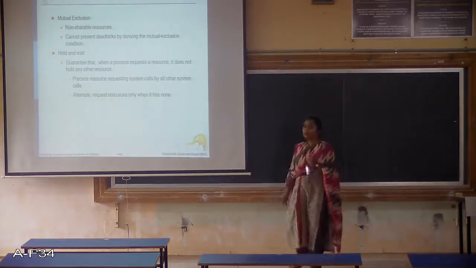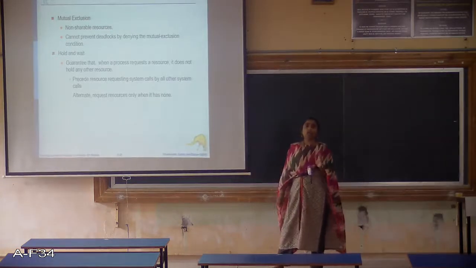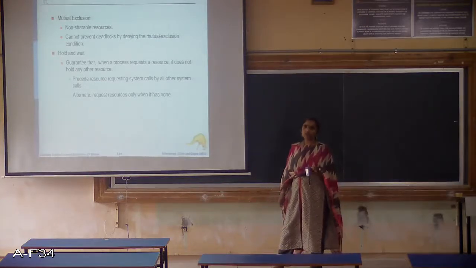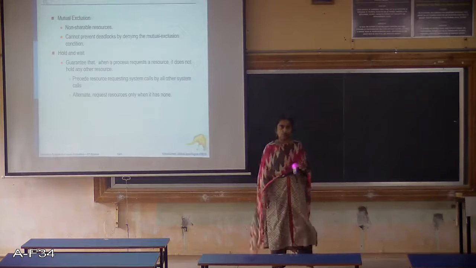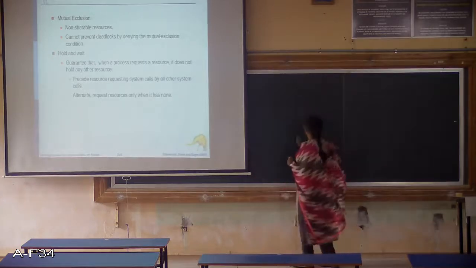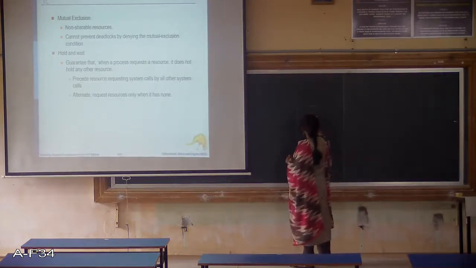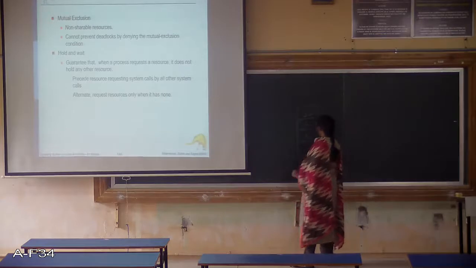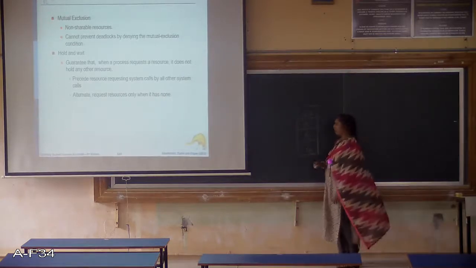First one, mutual exclusion. First of all, you need to understand that not all resources can be shared among multiple processes. Your RAM is shared. How do you say RAM is shared? In the RAM, you have the operating system loaded here. Then you have process P1, process P2, process P3, all loaded in the RAM.